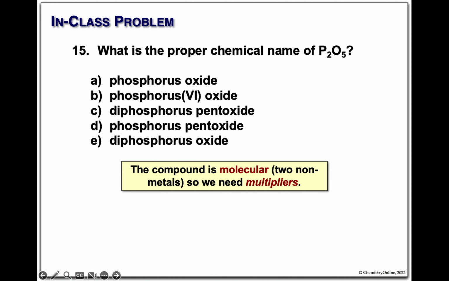We have 2 phosphorus, we call that a di. We have 5 oxygens, we call that a pent. So I'm looking for diphosphorus pentoxide. There it is.